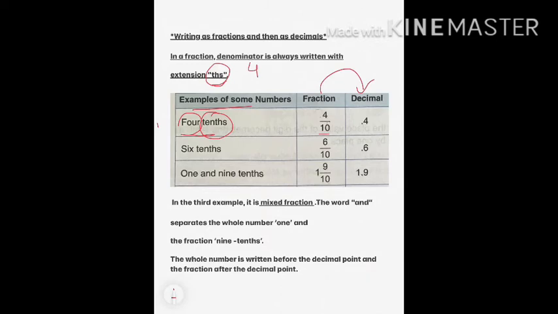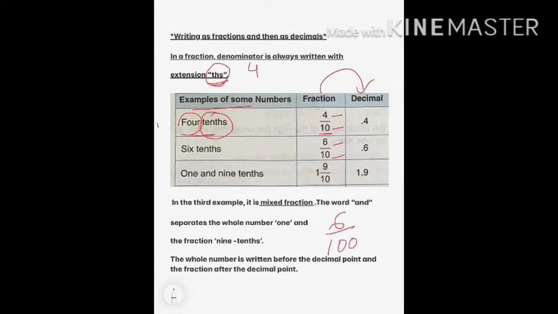In 10 we are not reading it as 10, because in the denominator, whichever number is there, we will be adding THS to it. So we will be reading it as 4 tenths, 6 tenths. Is it clear? And what if it was 6 upon 100?